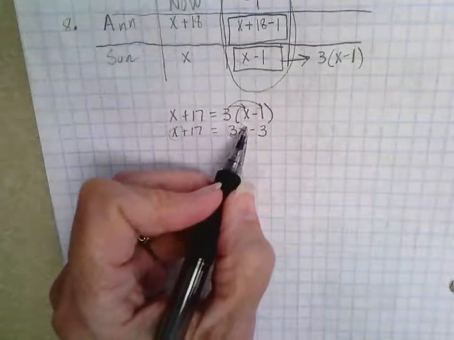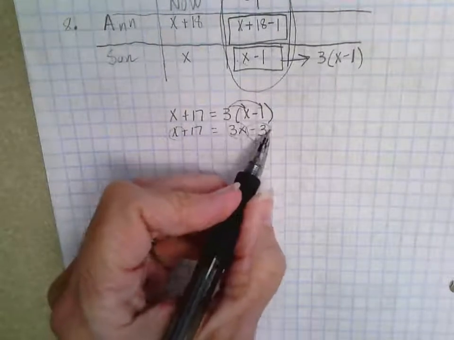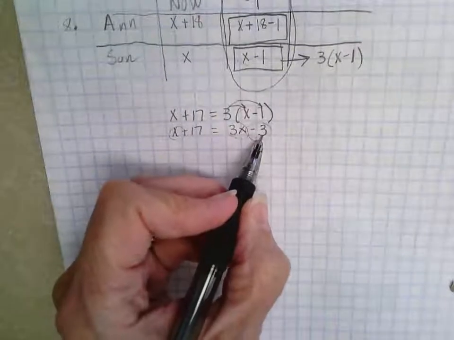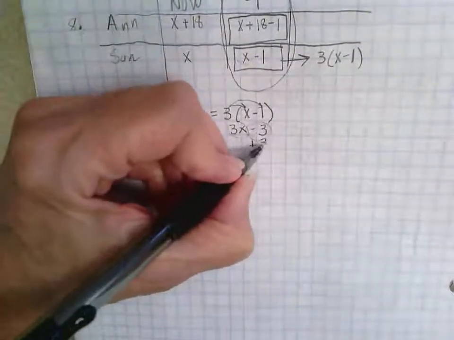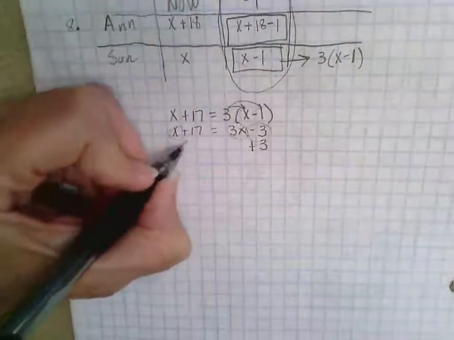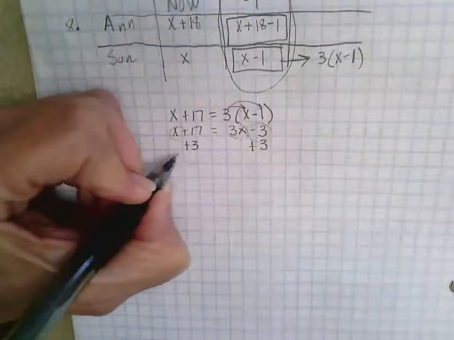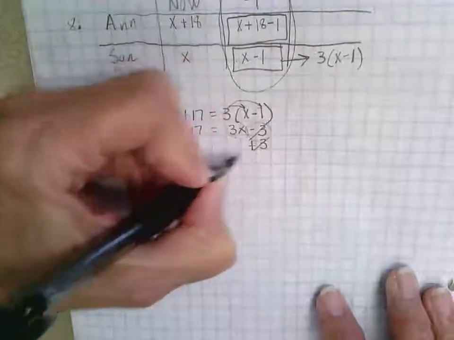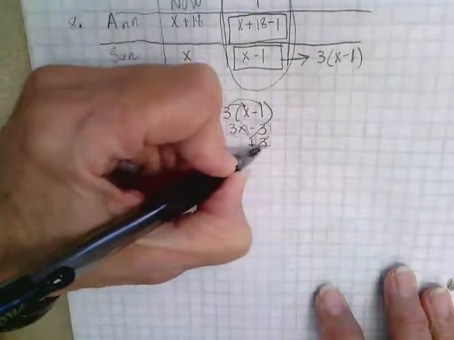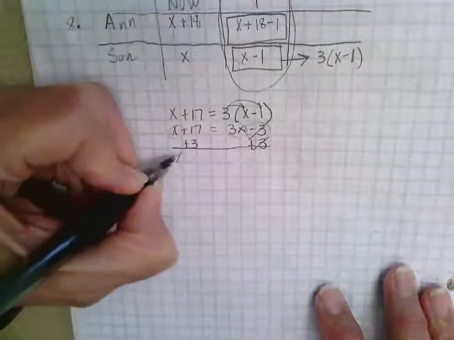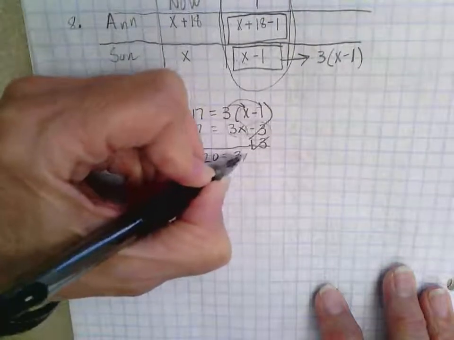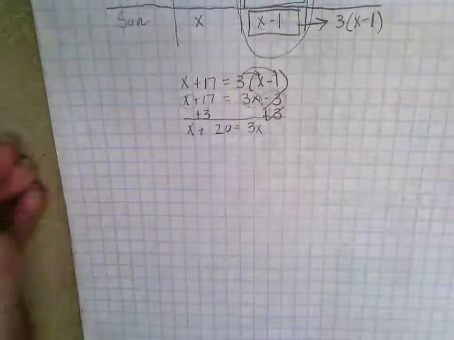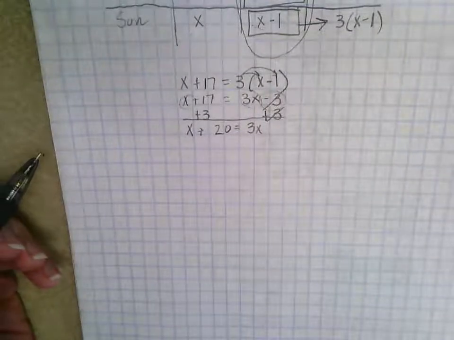So first I'm going to get rid of the negative 3 on this side by using the inverse operation and adding 3 to both sides. That cancels these out, and it gives me x plus 20 on this side and 3x over on the right-hand side.